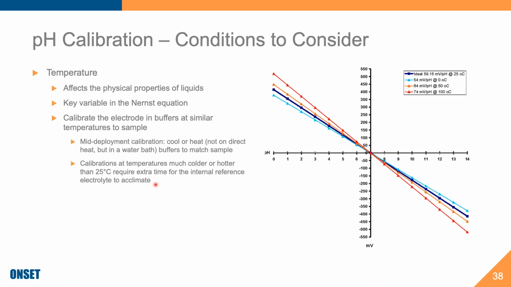Calibrations at temperatures that are a lot colder or hotter than 25 degrees C will require extra time. So keep in mind that within the tolerances of your manufacturer's electrode, it is okay to calibrate at different temperatures.